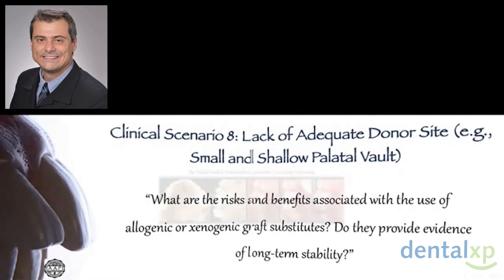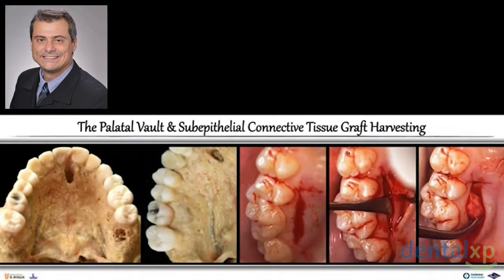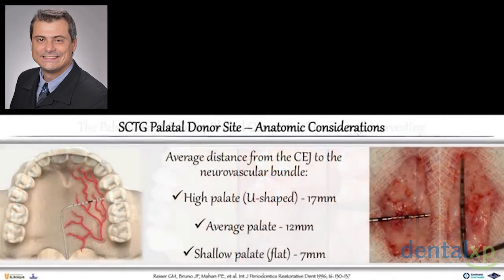evidence of long-term stability? Usually, subepithelial connective tissue graft harvesting occurs in an area comprehended between the distal aspect of the first premolar and the medial aspect of the second molar. However, the amount of connective tissue that can be harvested from the palatal vault will depend on the anatomical characteristics of that area.